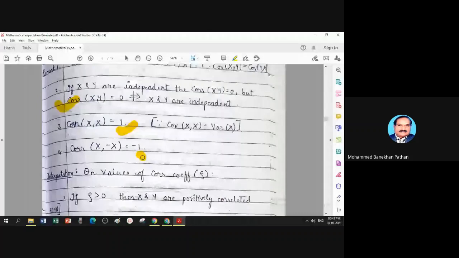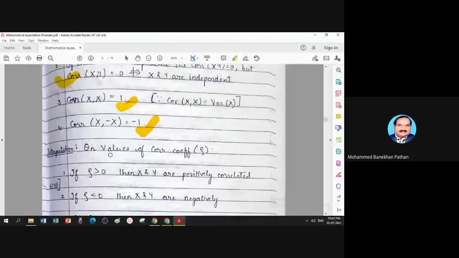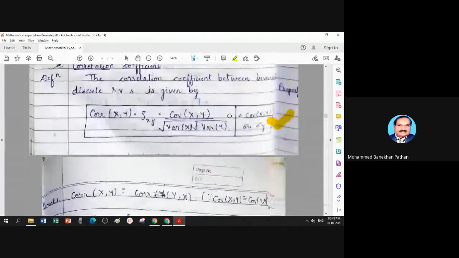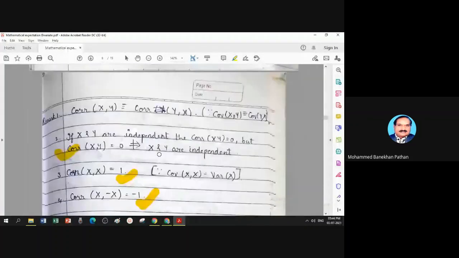You have repetition values of the correlation coefficient. By using this formula on the given bivariate data x and y, you calculate the coefficient, and after calculation you have to make a comment, you have to interpret.